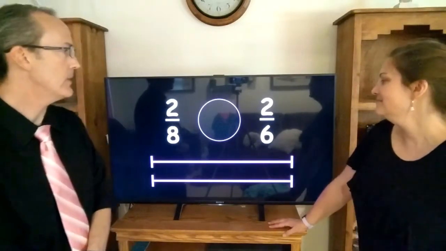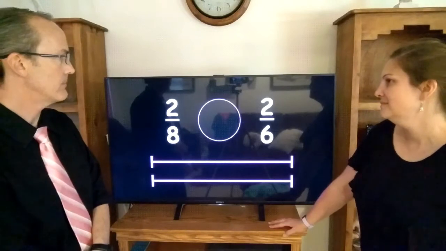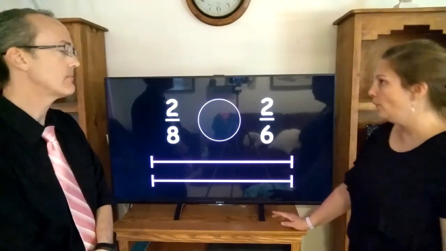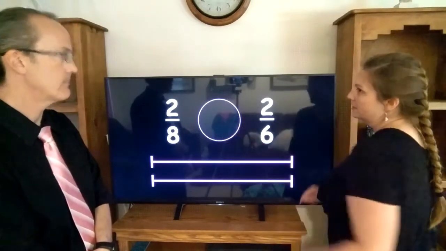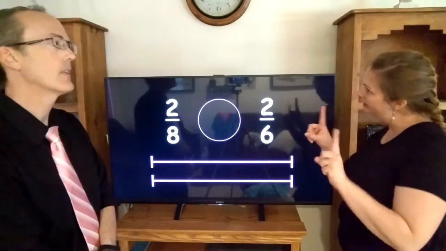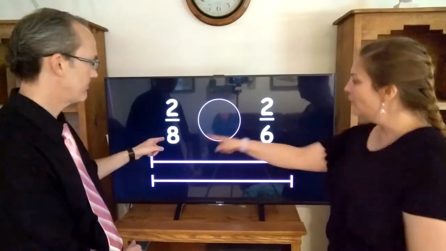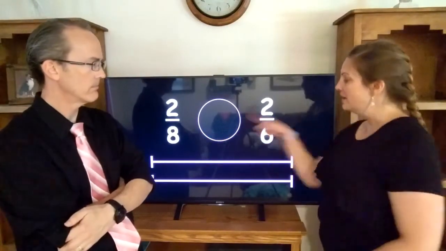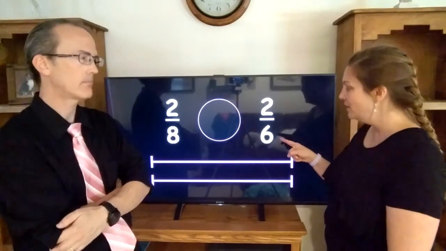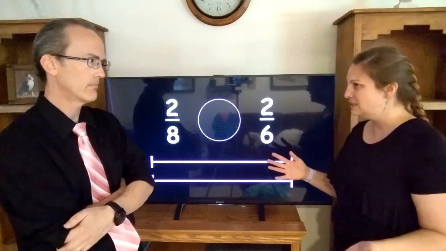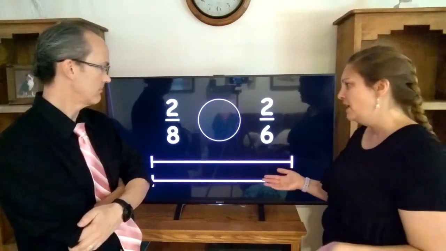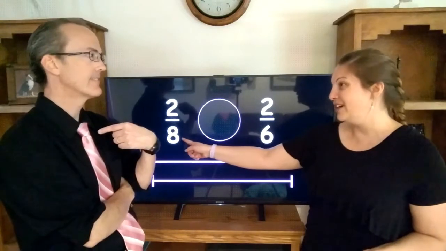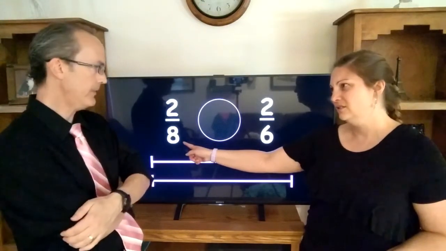2/8 and 2/6. What do you think? Okay, so we both get 2 pieces, so they should be equal, but your denominator is bigger than my denominator, which really means, as confusing as it is, that the bigger number has smaller pieces.